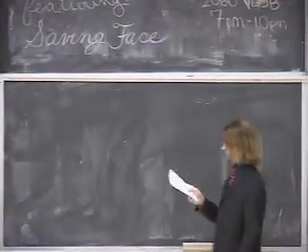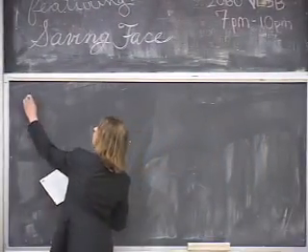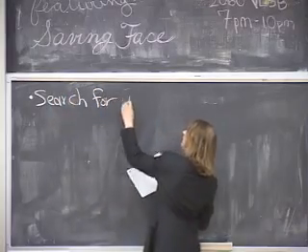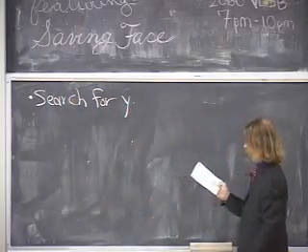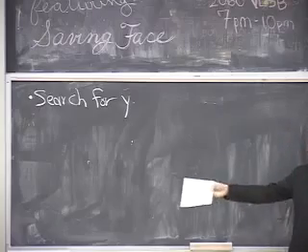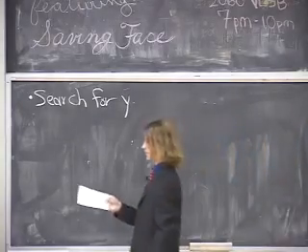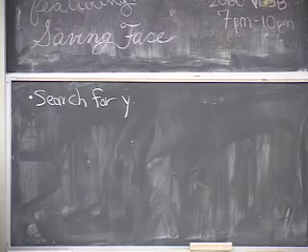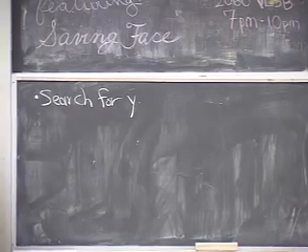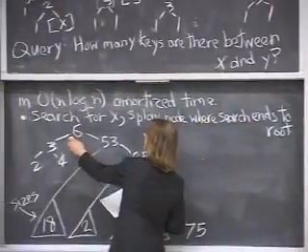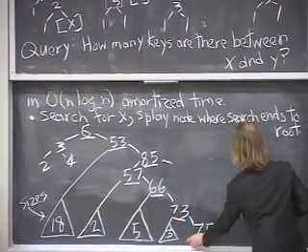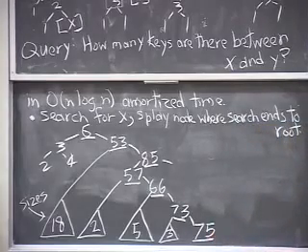And so the rest of the algorithm is search for y. The other end of the query range. And in this particular case, we want to query the numbers 7 through 75. So in this case, I'll walk all the way to this node here. 85 might have a right child, but I don't care what it is. So I start at the root, and I walk over all of these keys until I reach the 75.